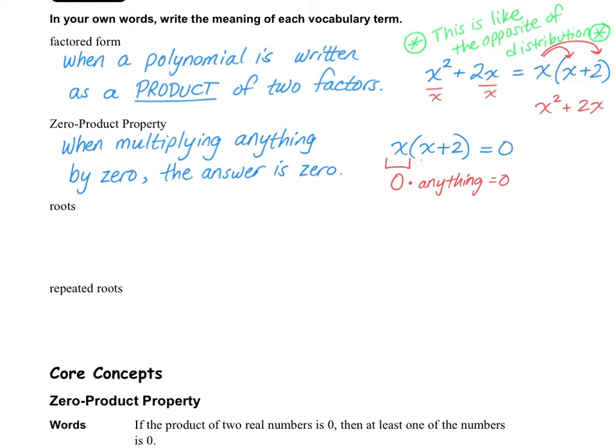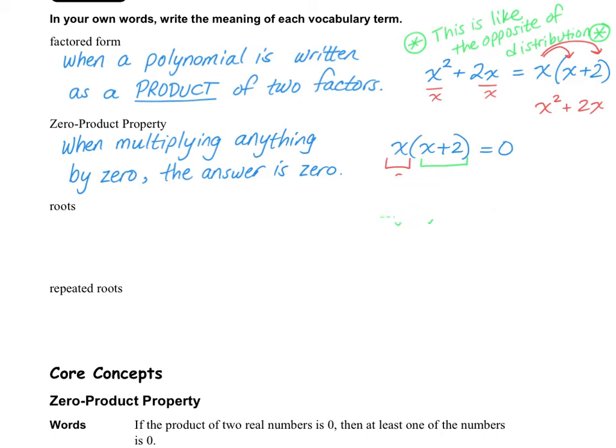Or if this equaled 0, anything multiplied by 0 equals 0. So what we can do is take each individual piece and set it equal to 0 and then find out what x could be.